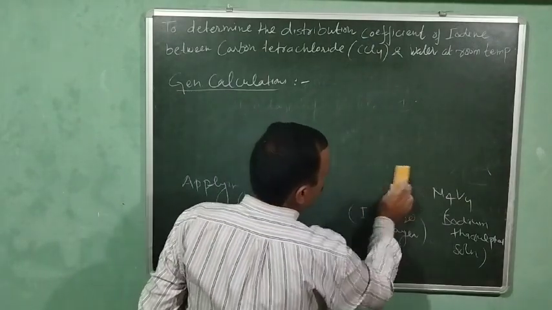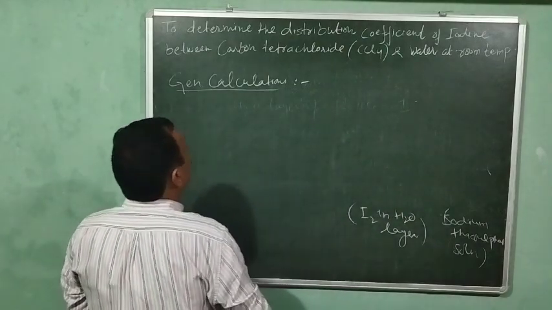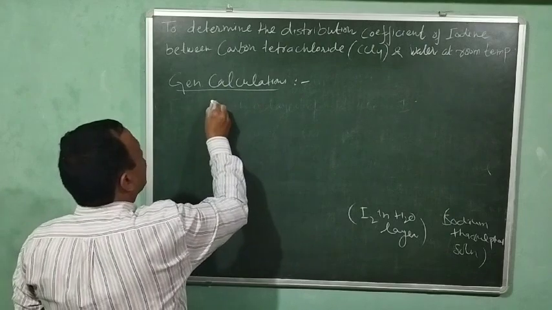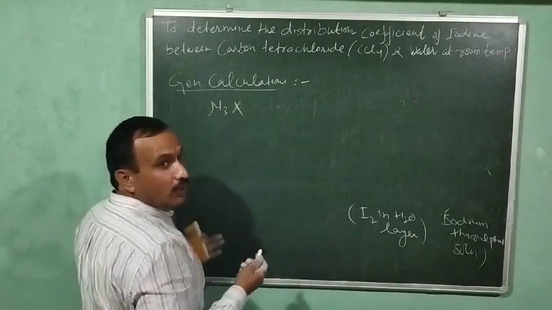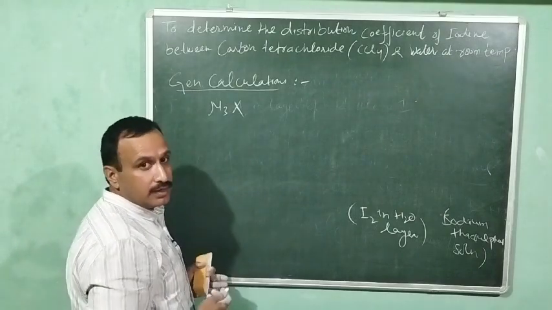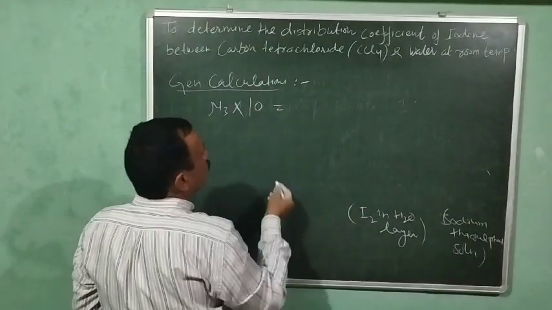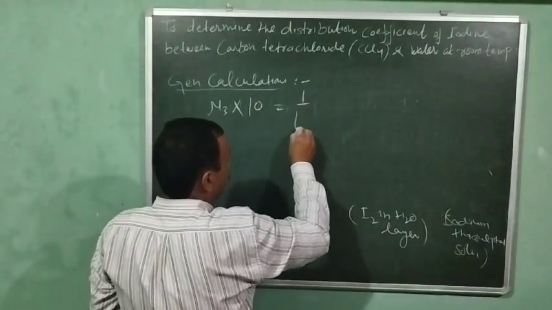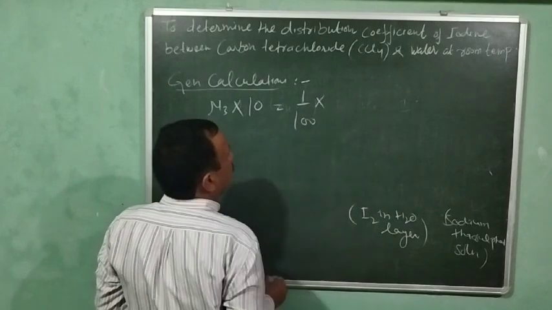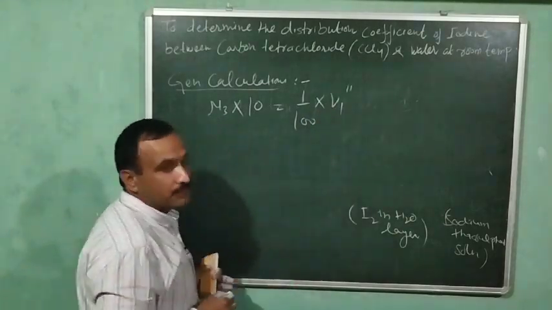So N3 is the normality of iodine in the aqueous layer which we want to calculate. So N3 we want to calculate, and volume of aqueous layer we have taken in the titration flask is 10 ml. The normality of your hypo solution is N/100 or 1/100, and as we have supposed the volume used is V1 double prime.